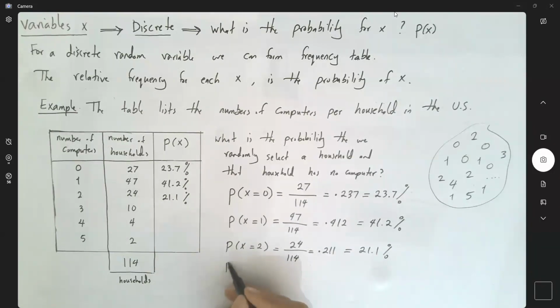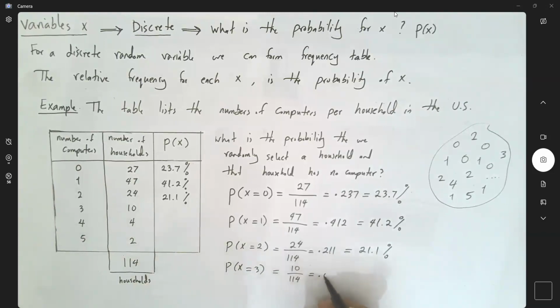If I randomly select a household and that household has 3 computers at home, 10 divided by 114, which is 0.088, or 8.8%.